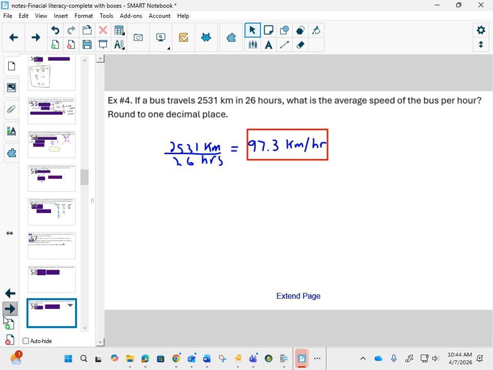Now you know how to figure out your average speed. Think about how far you went and how long it took you. You can divide that and you get your average speed. And if your average speed is over the speed limit, that is not good. That means you were really speeding the whole time.